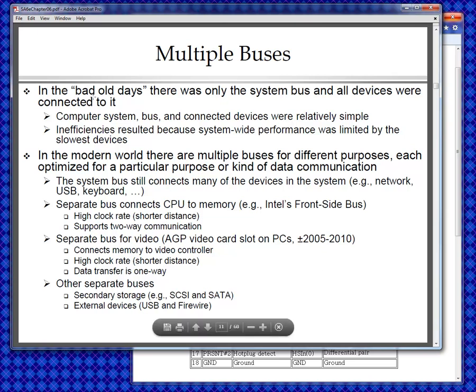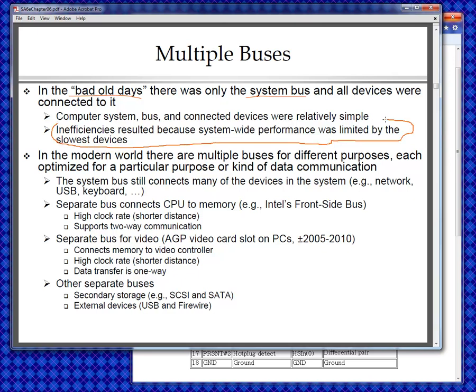Okay, so in the bad old days, although interestingly enough, bad old days have a way of coming back around, there was only the system bus, and everything was attached to it. Okay, there was a relatively simple bus protocol. The CPU played the role of traffic cop. Eventually, that got offloaded to a supporting chip, but basically, this was a relatively inefficient approach.